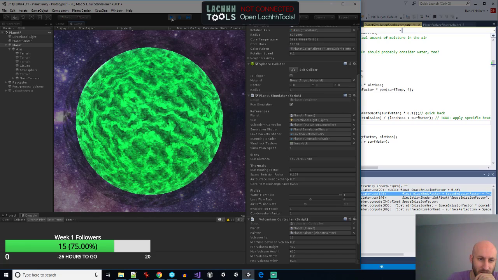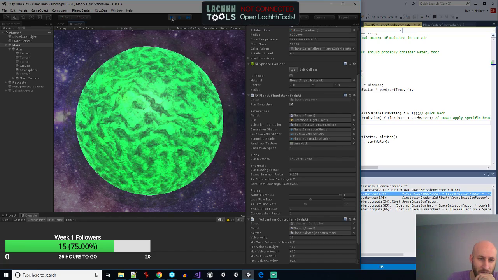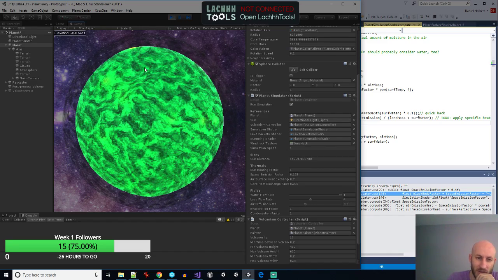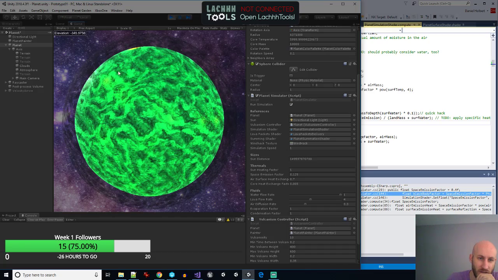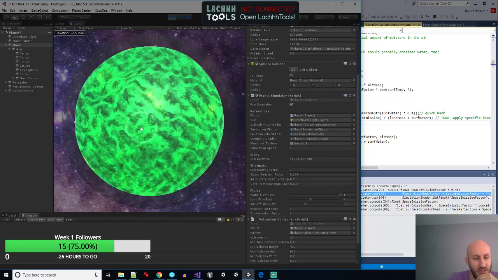So my planet didn't cool that much. Why it looks green, which is pretty cool, is you have this dark rock under some water that didn't exist earlier.